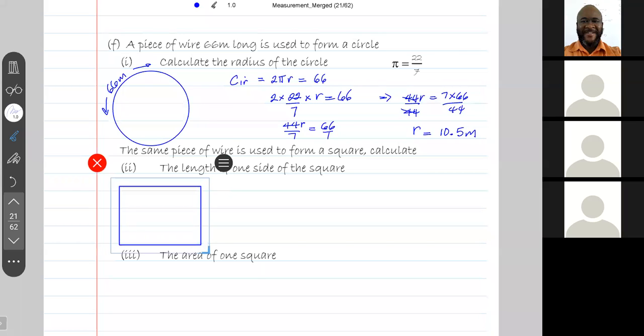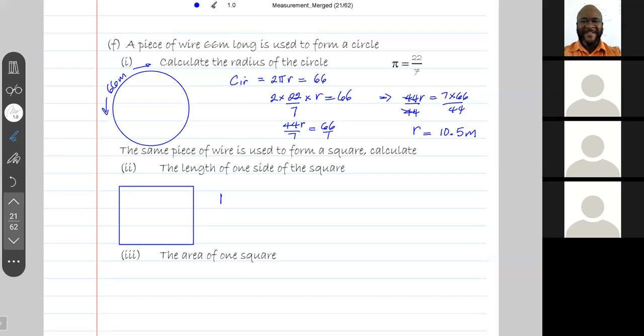All right, and let me ask you, what is the perimeter of the square equal to? 66 meters. Because what we're seeing here is the wire, and the length of the wire is this side plus this side plus this side plus this side. The length of the wire here is the perimeter of the square.